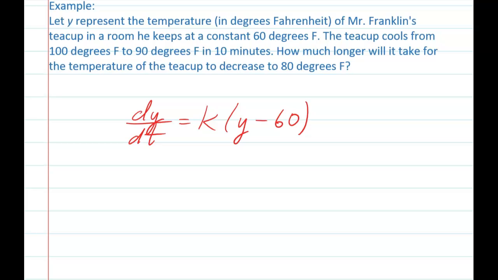Now we can solve this by separation of variables again. And I'll just remind you that is the second, really, and the more rigorous kind of differential equation solving that we do in this course.